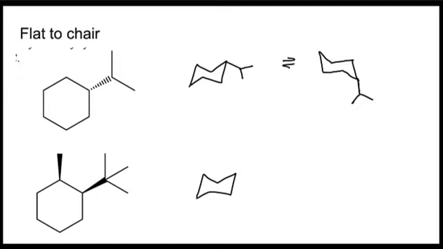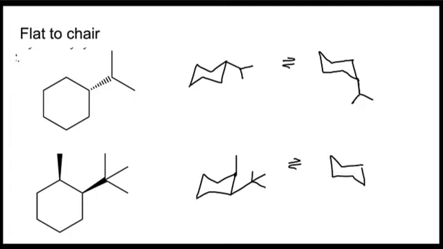So first let me draw one chair structure, knowing that a wedge is up, and I like to start at this carbon right here. So I'm going to draw my methyl group up, which is axial on that carbon. The next carbon over the up position is equatorial. So I'm going to draw a tert-butyl in the equatorial up position, and I'm going to ring flip this.